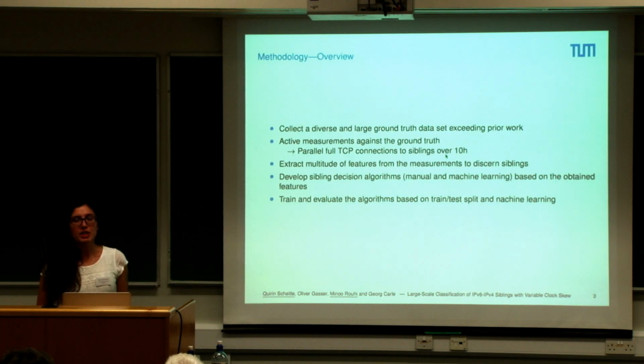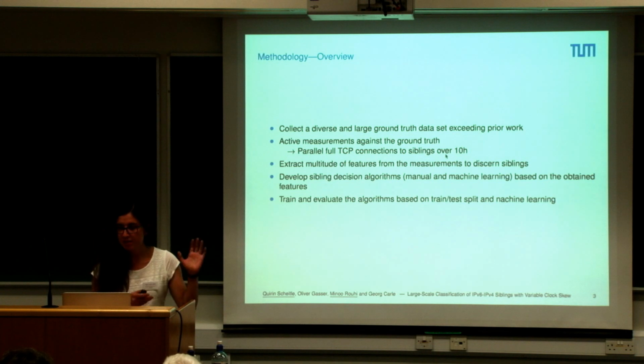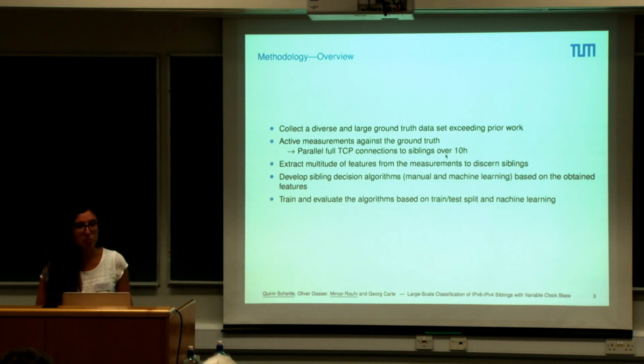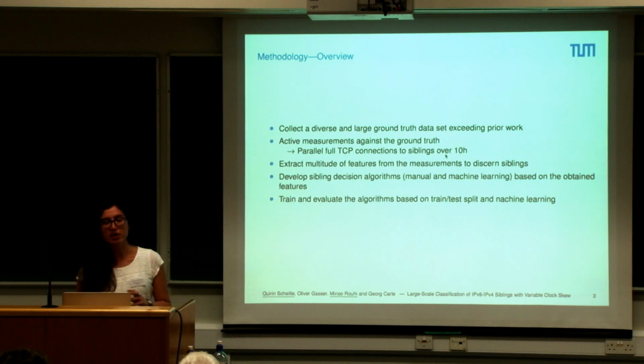So to answer those questions, this is the overview of our methodology. Basically, what we first do is collect a diverse and large ground truth data set which exceeds prior work.